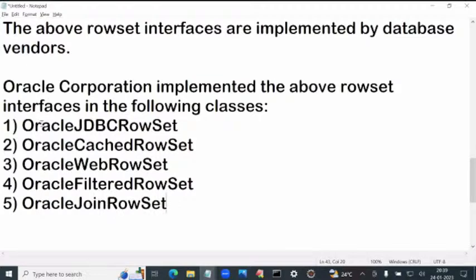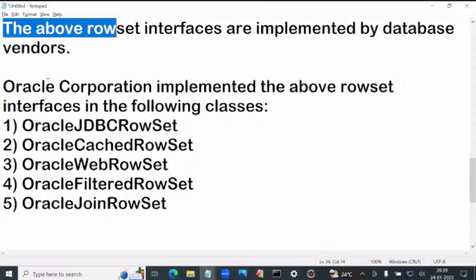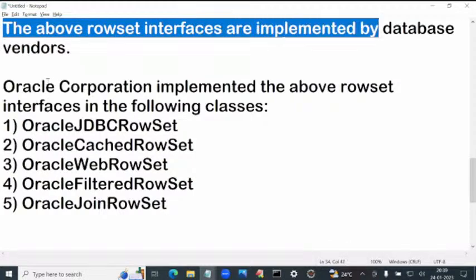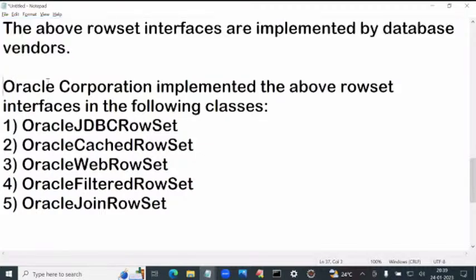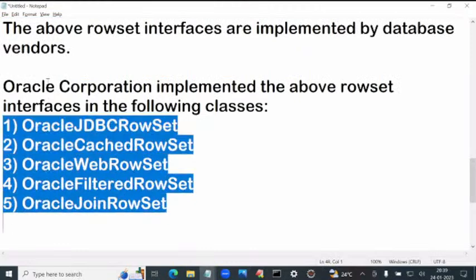Those interfaces are common to all databases, but these classes are specific to a database. It is only for Oracle. MySQL separate, DB2 separate, Derby separate, like that. The interfaces are given by Sun Microsystems, the Java people, and these are implemented by database companies. Oracle Corporation implemented them in these 5 classes.